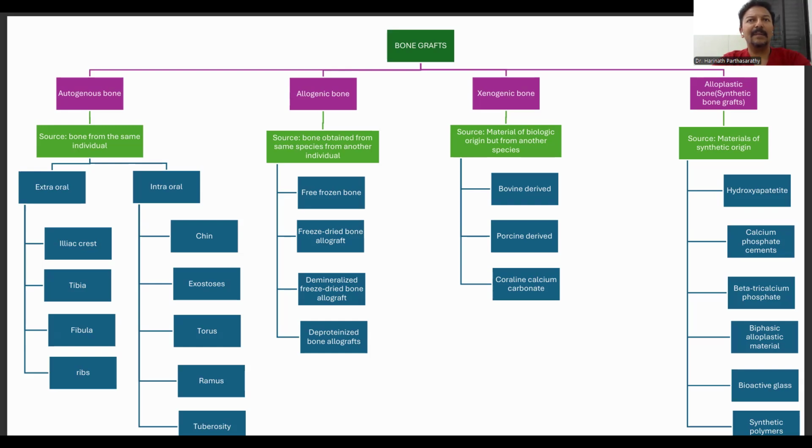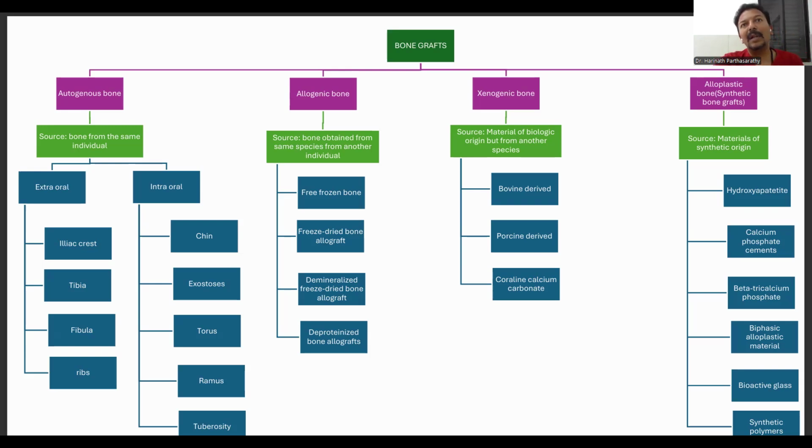We also have some very advanced instruments called bone scrapers, where you can scrape the cortical layer of the bone and harvest autogenous bone.